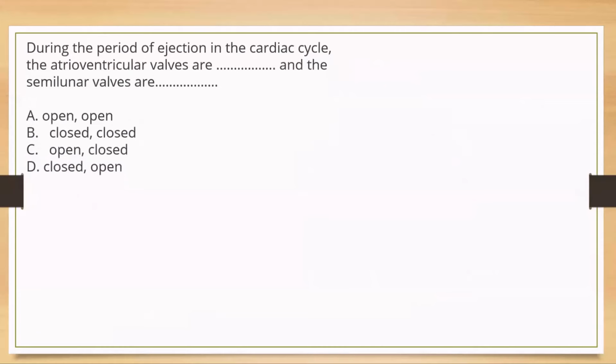Now, during the period of ejection in the cardiac cycle, when we say ejection, we are simply referring to the expulsion of blood from the left ventricle. As simple as ABCD. So during ejection, what happens to the AV valves? The AV valves are the mitral and the tricuspid valves, the atrioventricular valves.